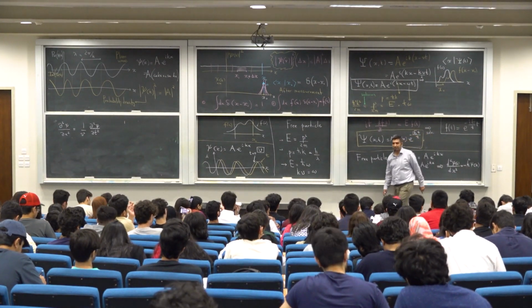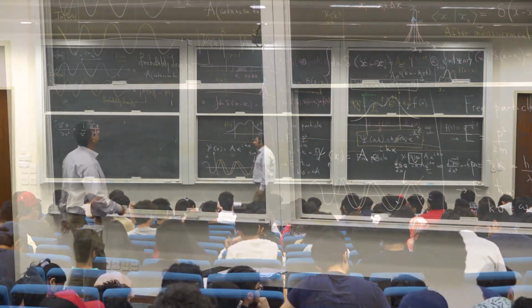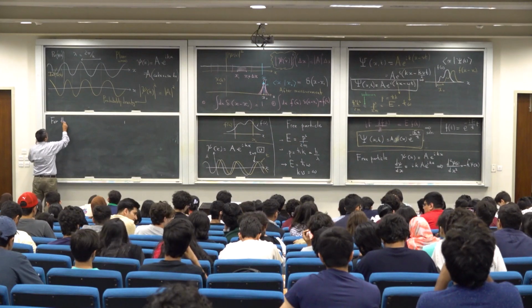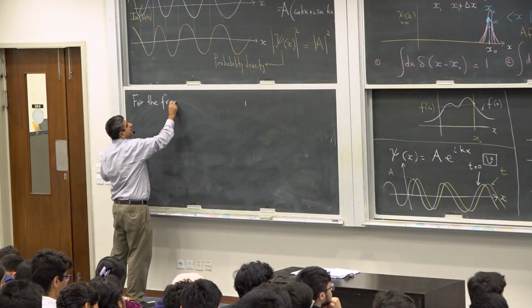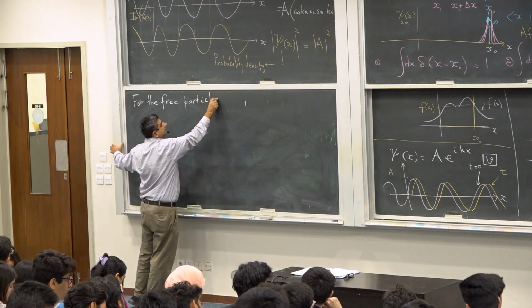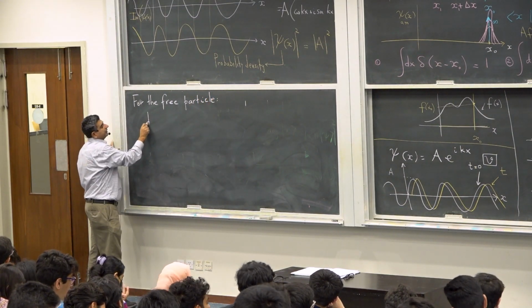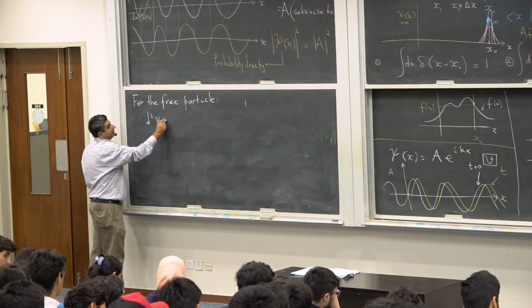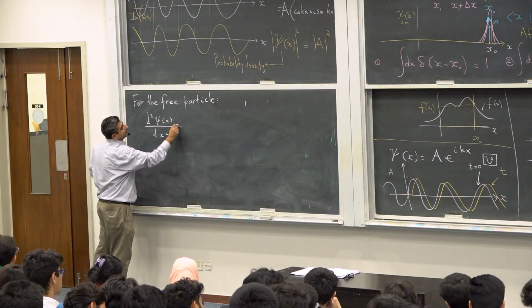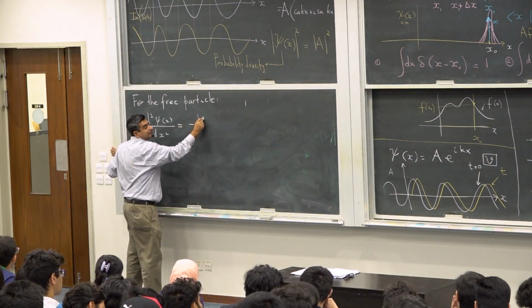Can you please do that for me for this free particle? For the free particle, d square psi dx square is minus k square psi of x.